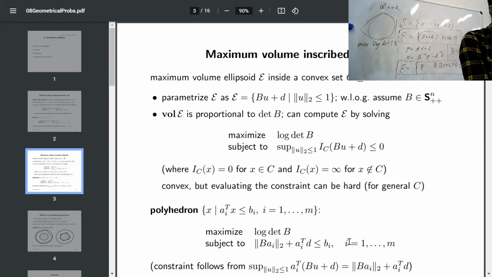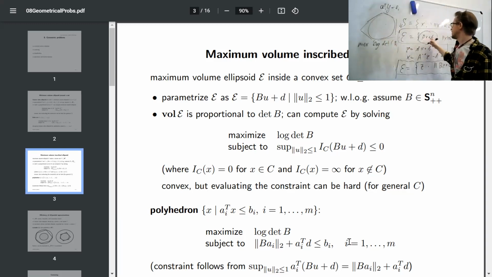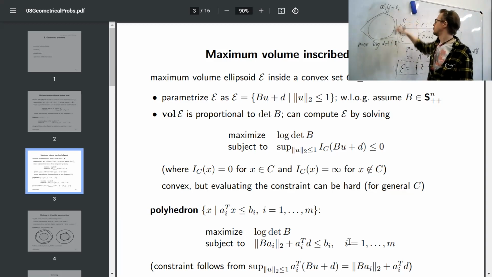Okay, good. Now, let us write this in terms of this expression. So we put it here like that. Basically, what we want is that for any x, this would be still true.